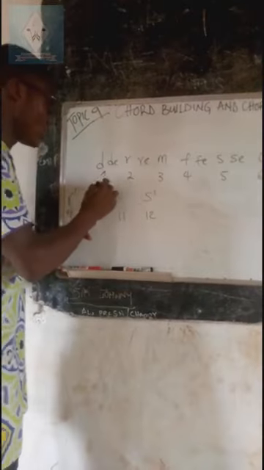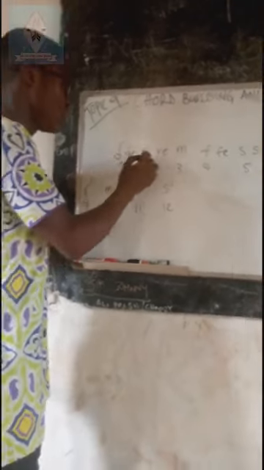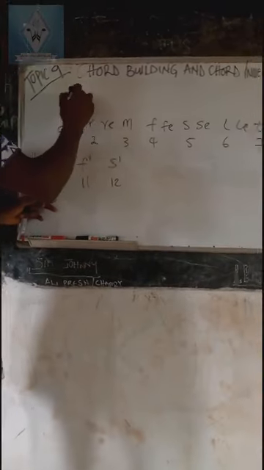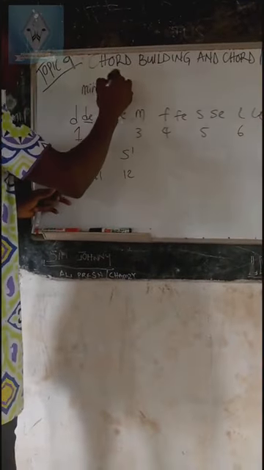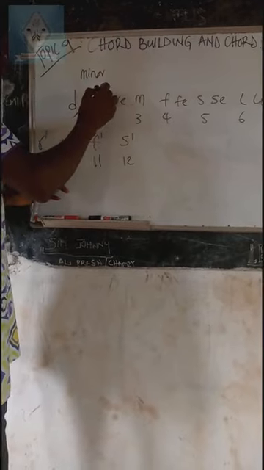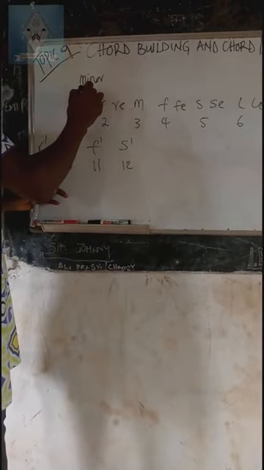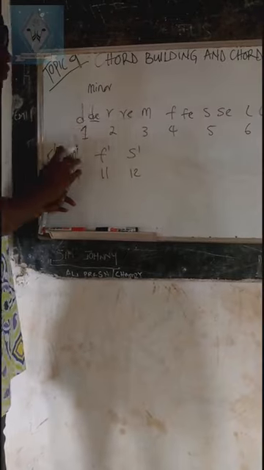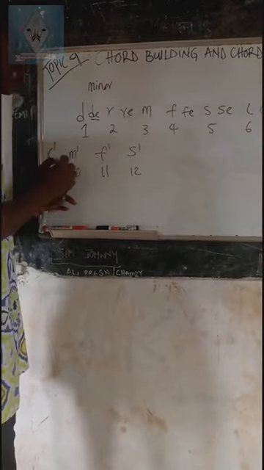Now, this is the root. This is the major second. Now, this is the minor second because it entails reducing the second interval by the semitone behind. So this becomes a minor second interval.